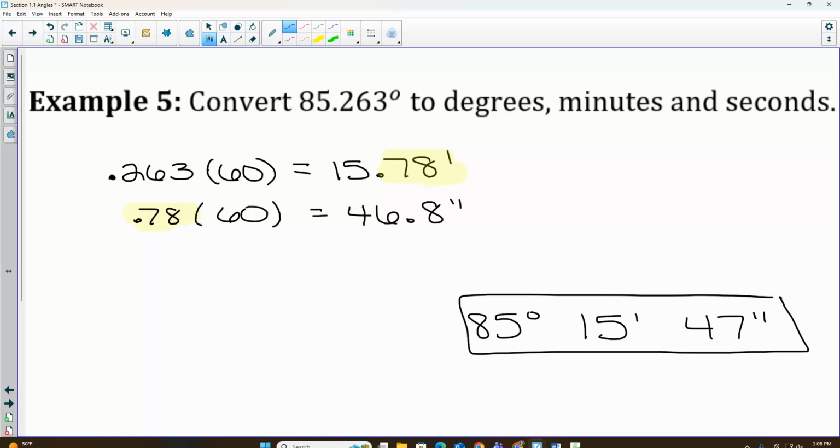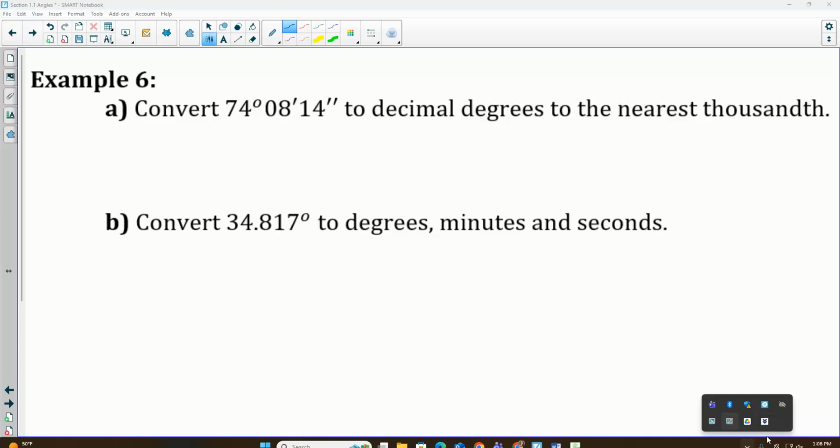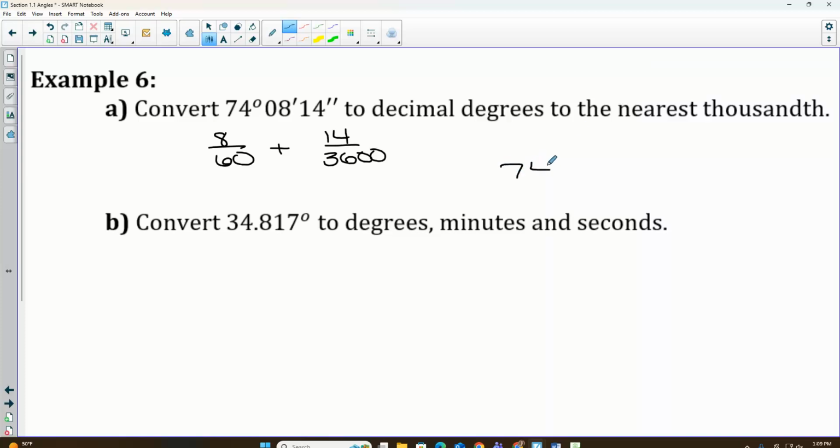So why don't you guys try example 6? So how do we do A? So we should get 74.137 degrees.